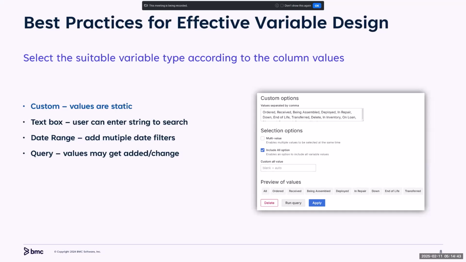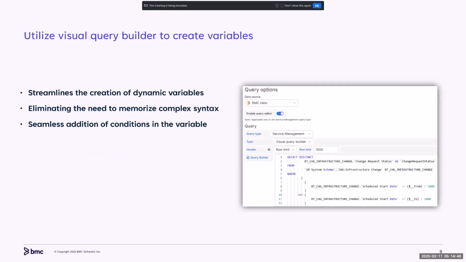So when we need to use this query as a variable type, what are the best practices to utilize or create the variable with the help of the query variable type? When using the query variable type, use the virtual query builder to create the variables.